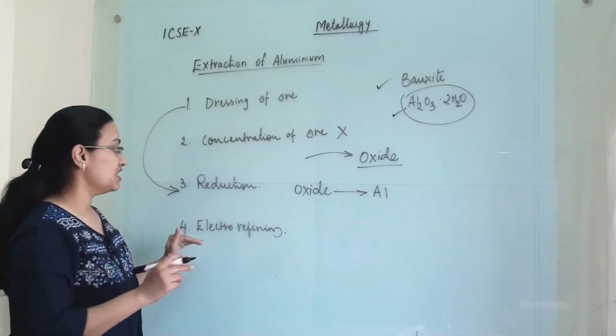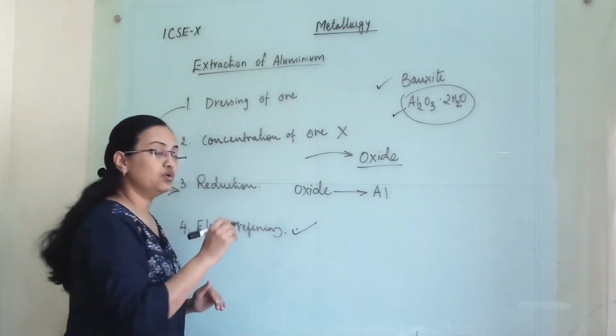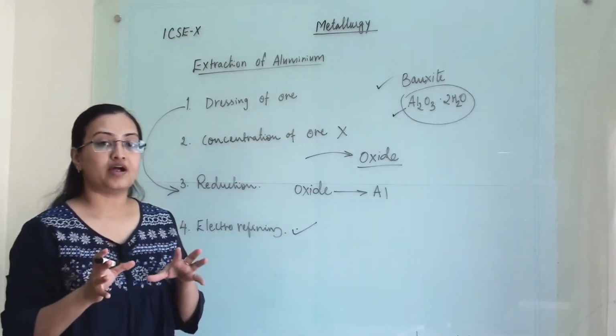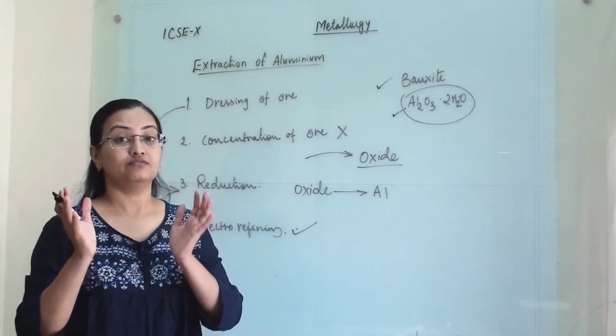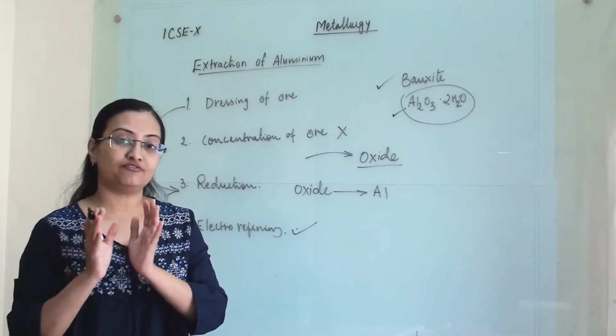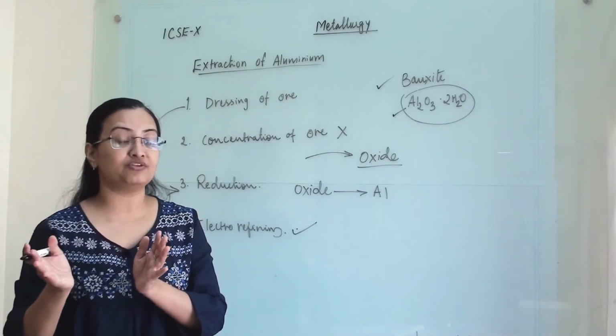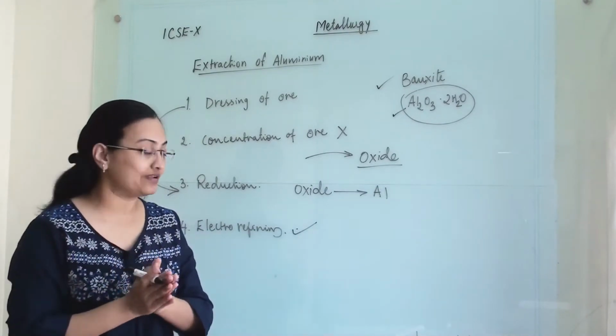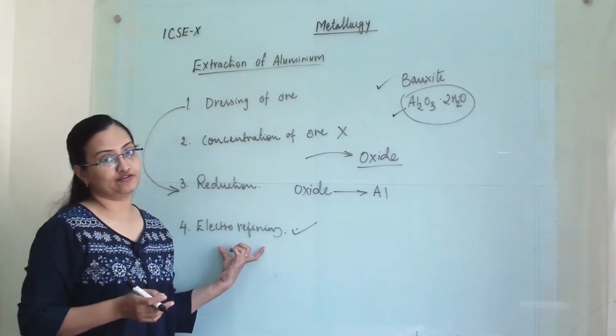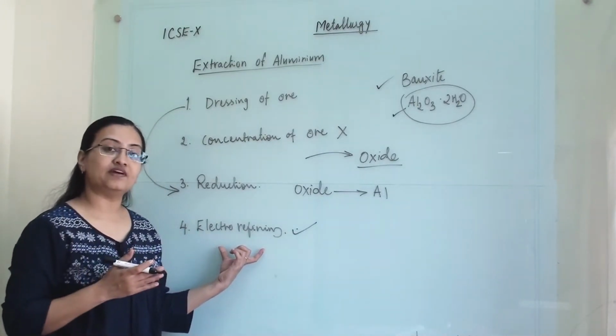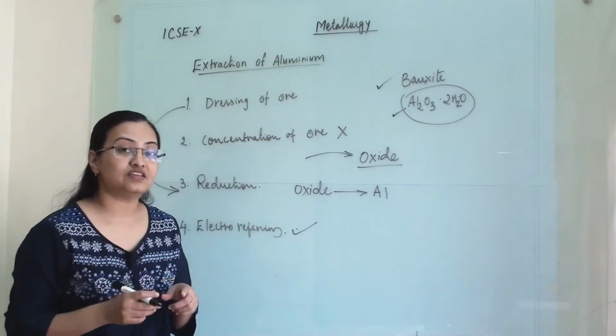Then the fourth step is required only if we require a very purified form of metal. If 99% and above purification is required for any metal, then we will go with electro-refining. We have already studied this in chapter 5.